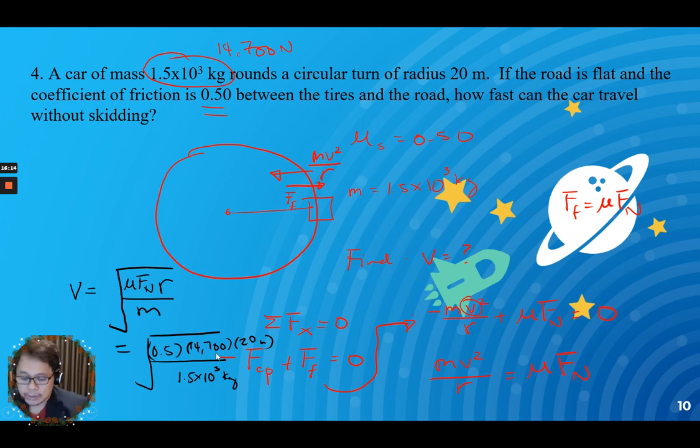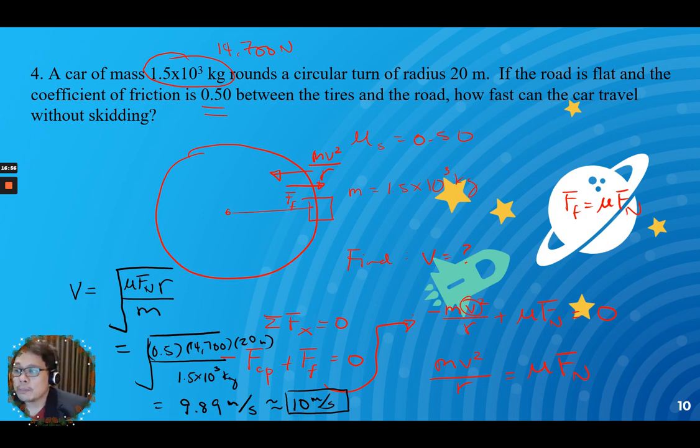Using your calculators, get the square root of 0.5 times 14,700 times 20, divide everything by 1.5 times 10 to the third. What do we get? You get 9.89 newtons. Sorry, not newtons. The speed will be 9.89 meters per second. Then we round this off to 1 SF, so 10 meters per second. This would be our answer for number 4.